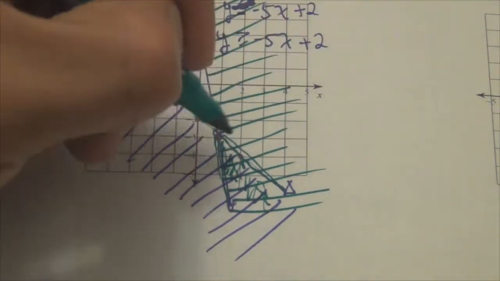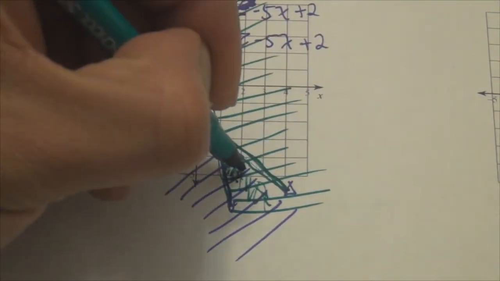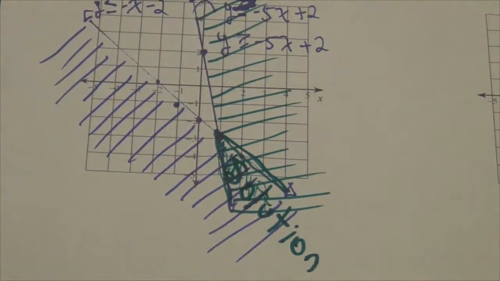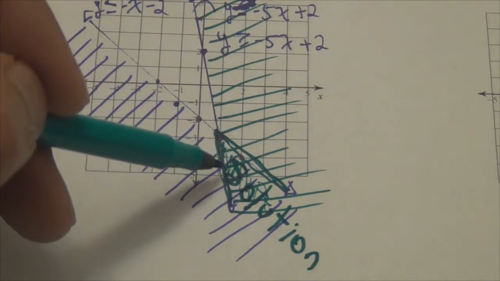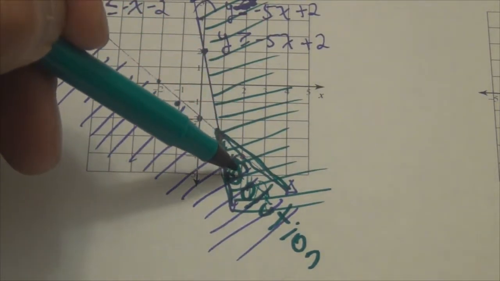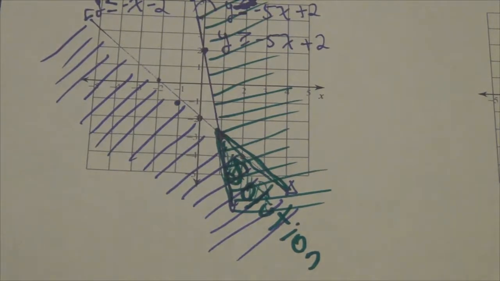So my friends, this area right here is your solution. So you write solution. And if they ask you for a point, you choose any point here, like 2 comma negative 5, which will be a solution. There are infinite solutions to this system of inequalities. All right, let's try another one.